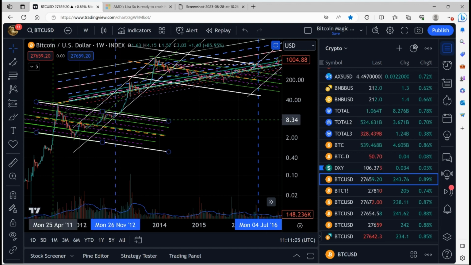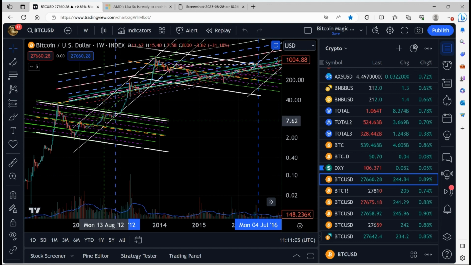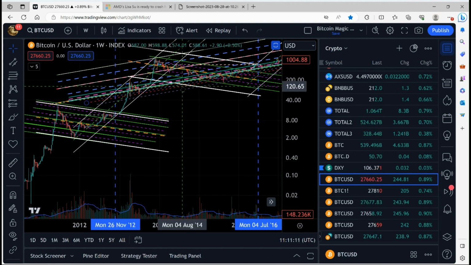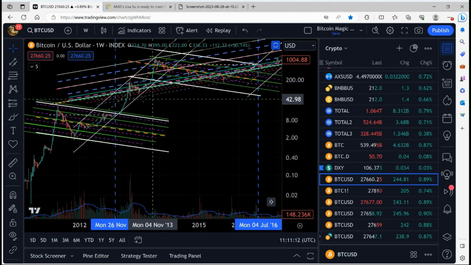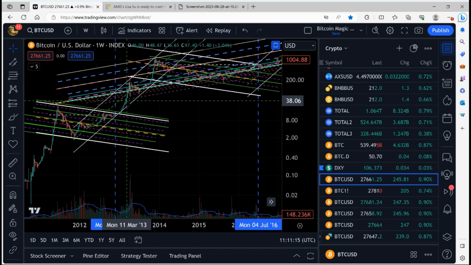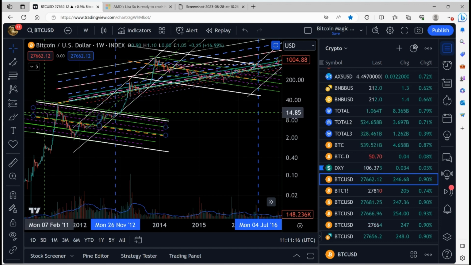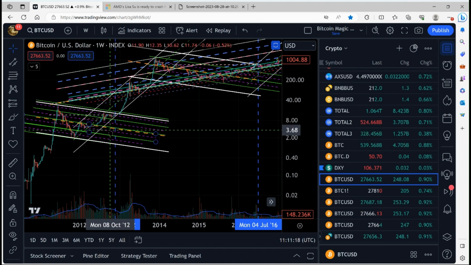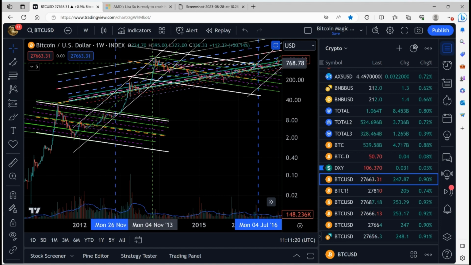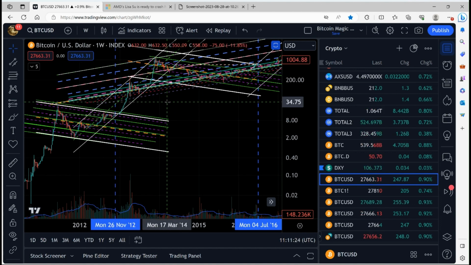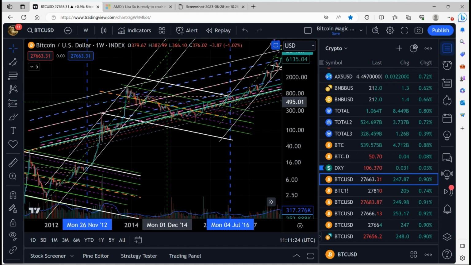So other than this action here, we're all pretty much within that channel from 2013 on. And what Bitcoin does is it trades in this bull flag and then bull run. And these are all perfectly parallel with one another.